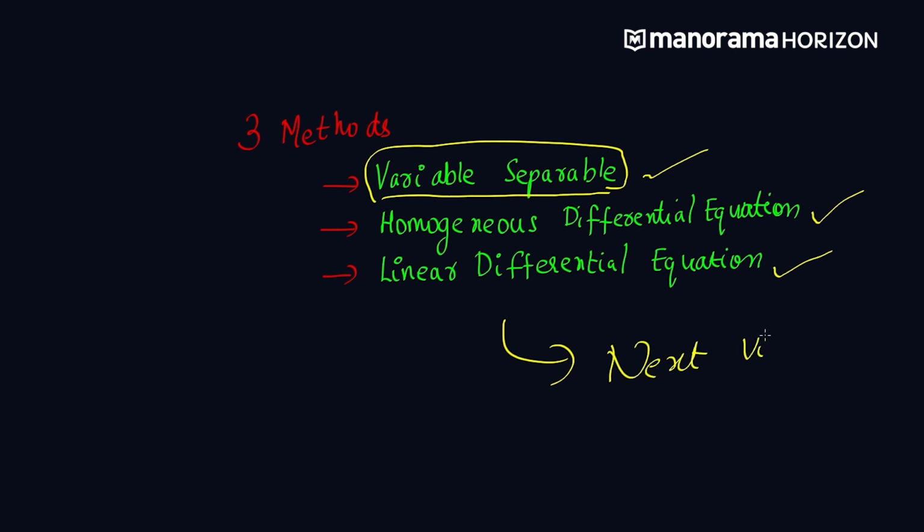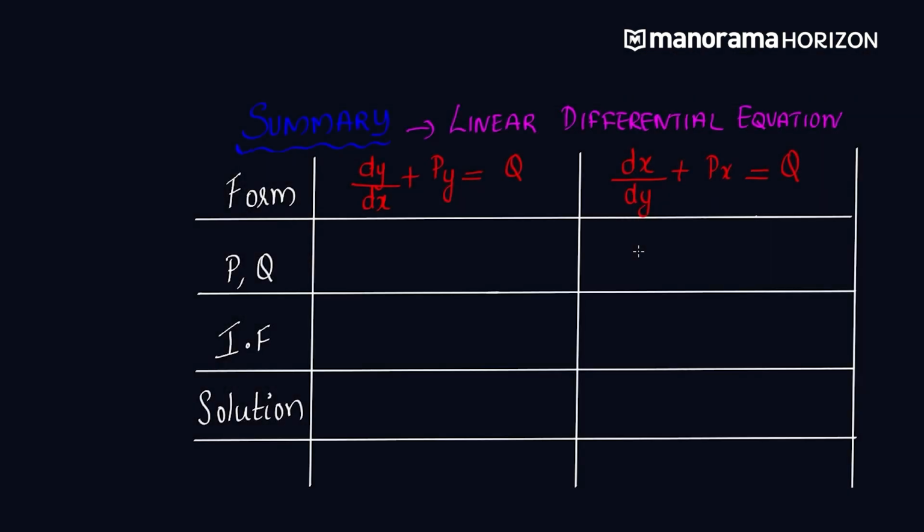Now, let's have a summary of what we have discussed. This is a summary of linear differential equations. So we have mainly discussed the two forms, that is dy by dx plus py is equal to q and dx by dy plus px equal to q.